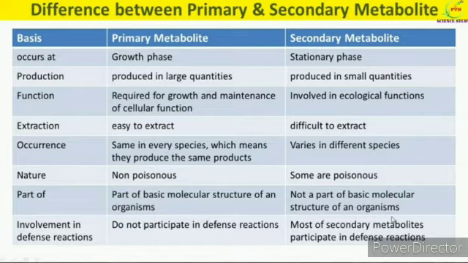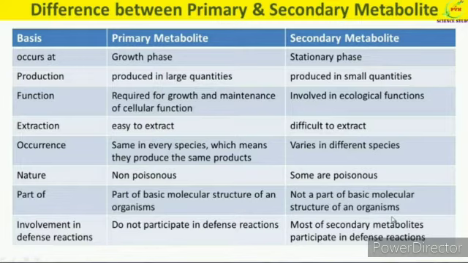Primary metabolites occur in the growth phase, secondary metabolites in the stationary phase. Second, in production, primary metabolites are produced in large quantities. Secondary metabolites are produced in small quantities. Next, function: primary metabolites are required for growth and maintenance of cellular function. Secondary metabolites are involved in ecological functions.